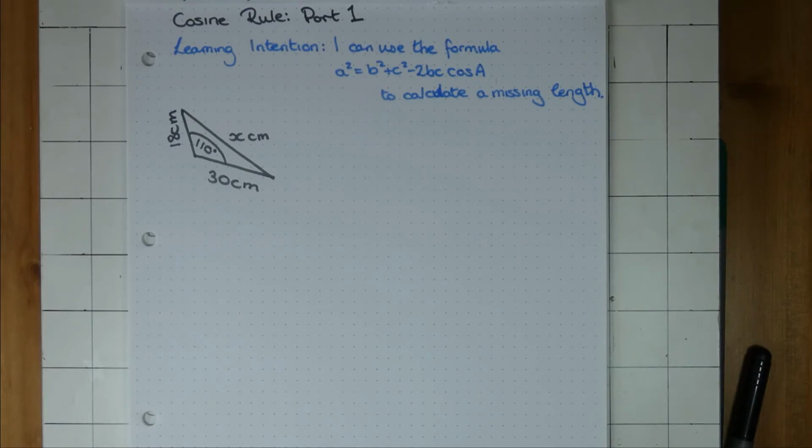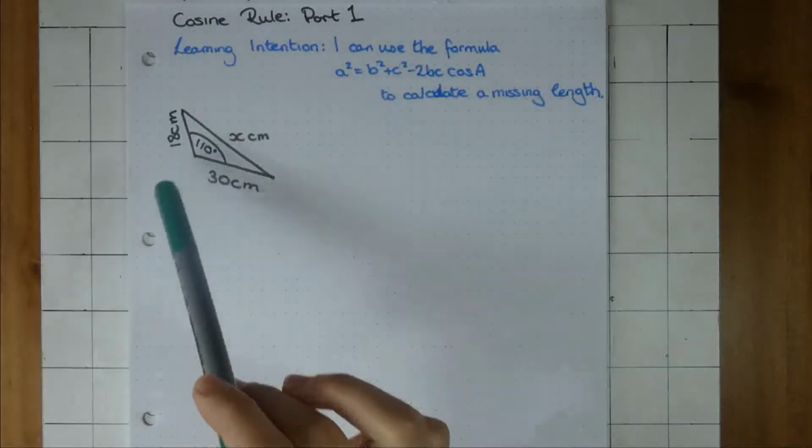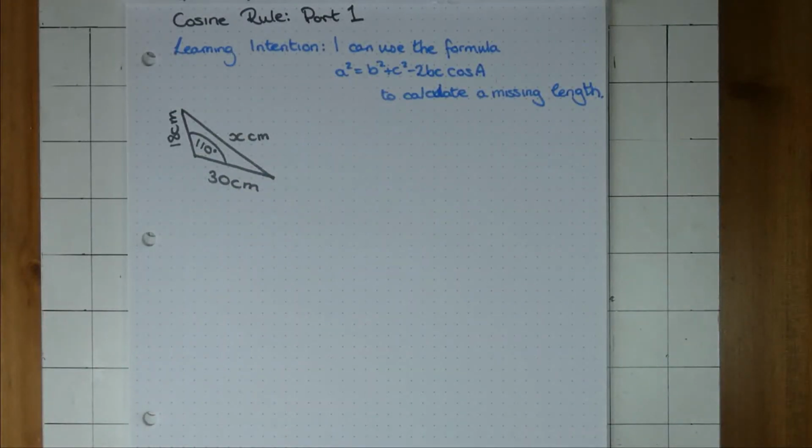It's not the prettiest formula, and it's quite easy to make a little mistake, but if you take your time and do it step by step, it's practically giving you the marks in the exam. The tricky bit, and the thing you need to be careful about, is labelling your triangle. This is the absolute most important part of the cosine rule.